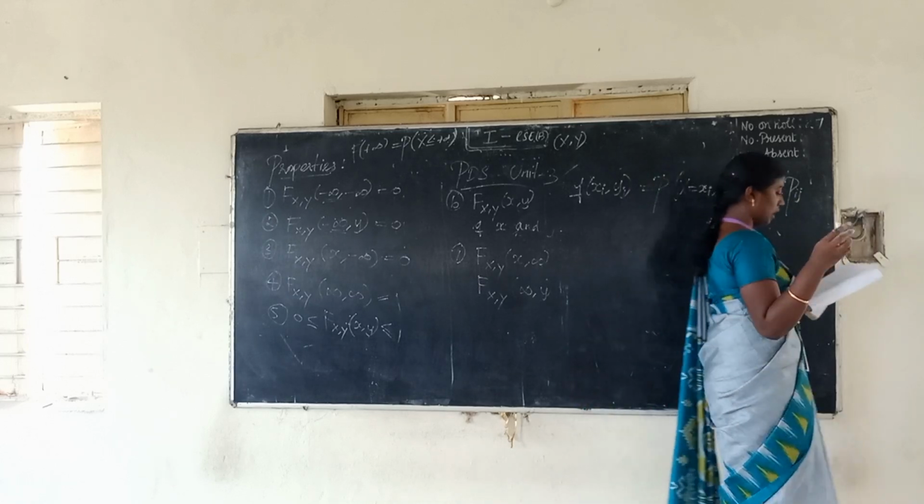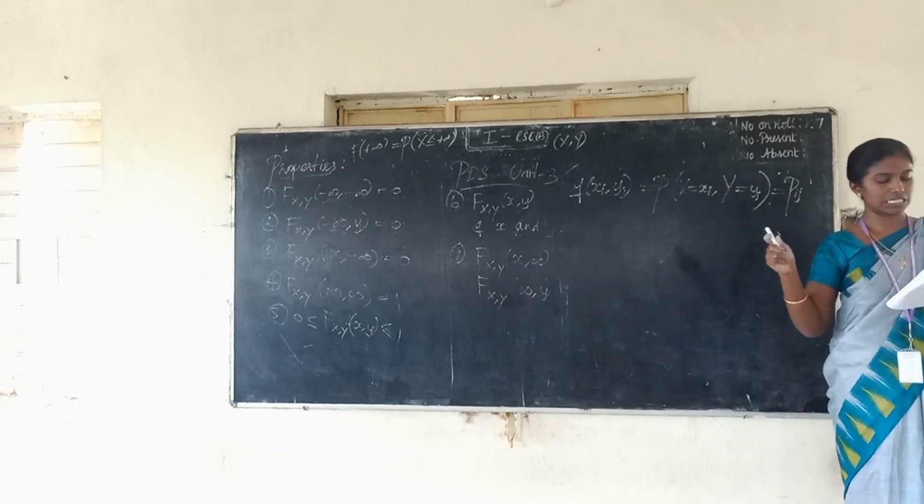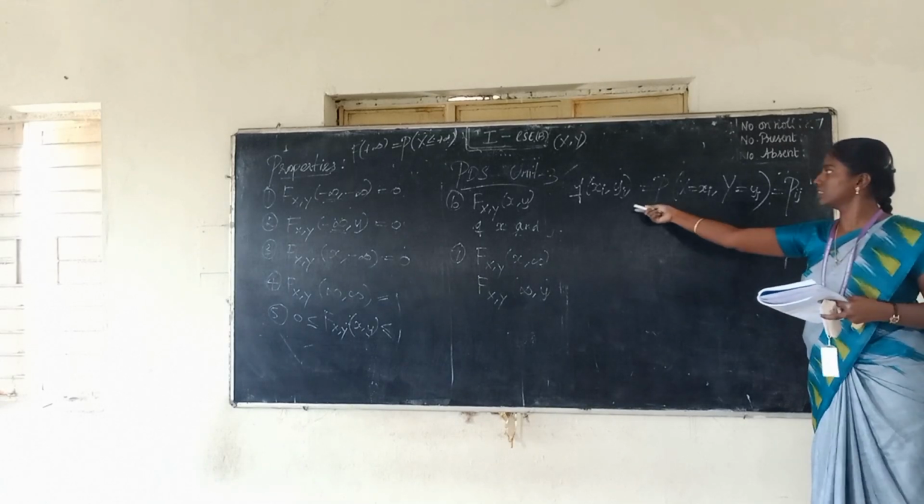Write this: if (X, Y) is a two-dimensional discrete random variable such that this one.